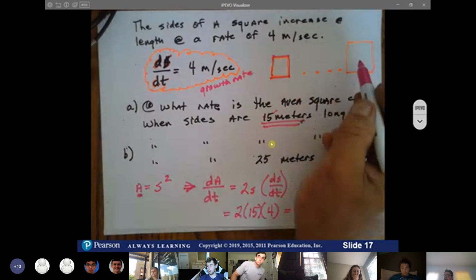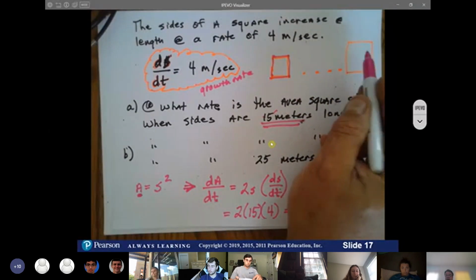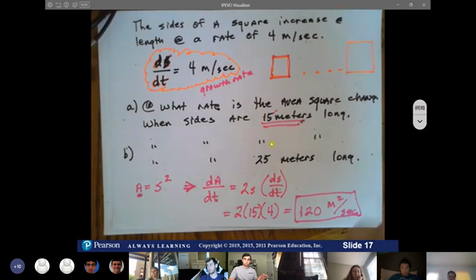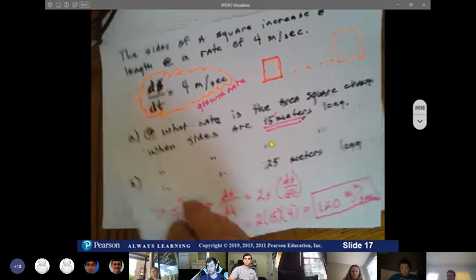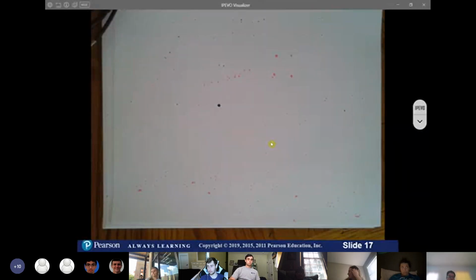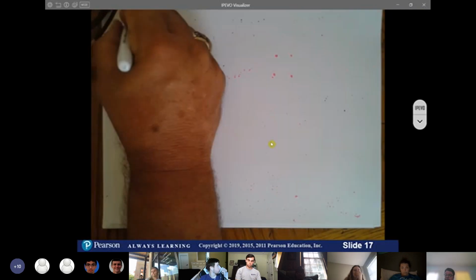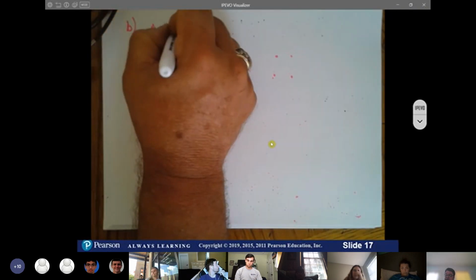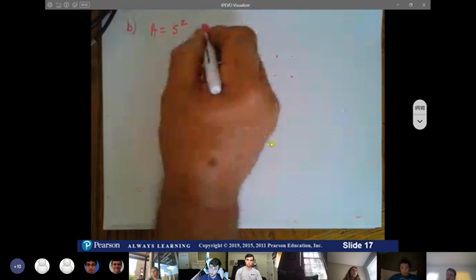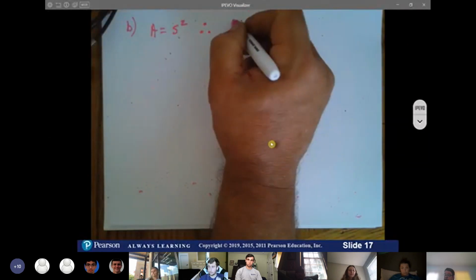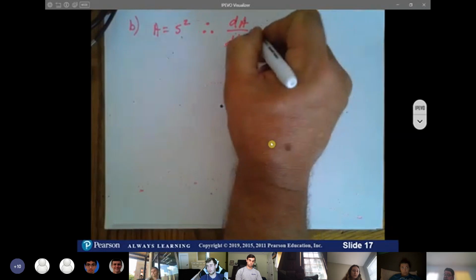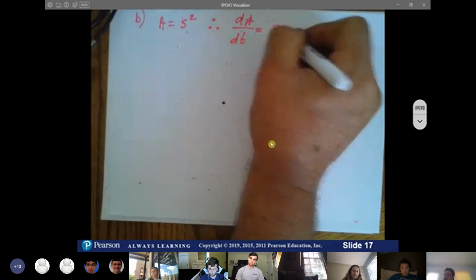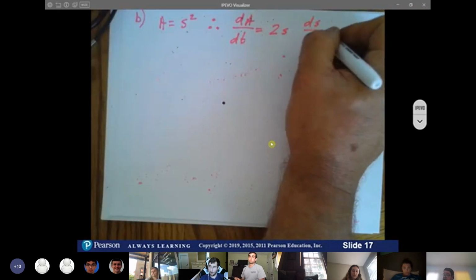So what is the growth rate in area of this one? Well, of course, A is equal to S squared. Therefore, dA over dt is equal to 2S ds dt.